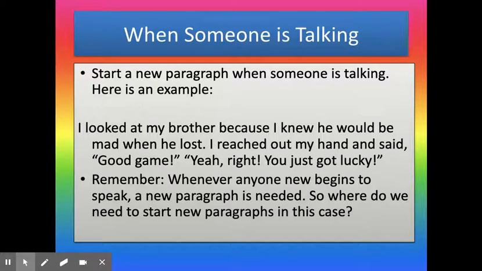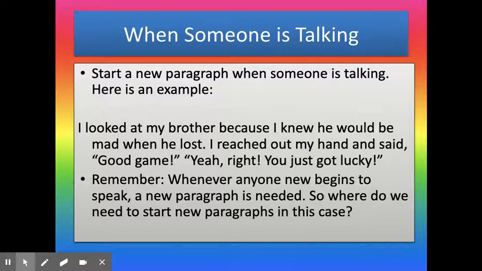Okay, so first I said he was 22 inches long, 5 pounds, and 6 ounces. I said, so now my sister-in-law is going to talk.